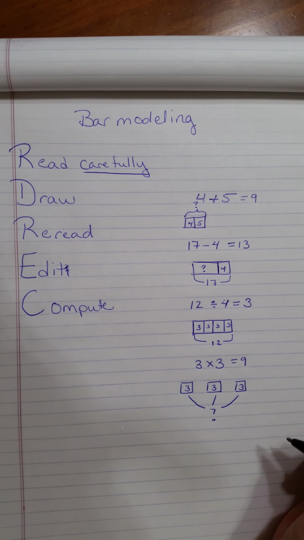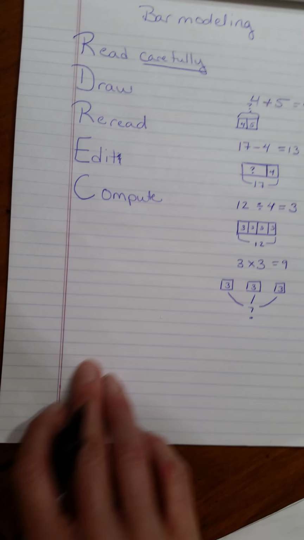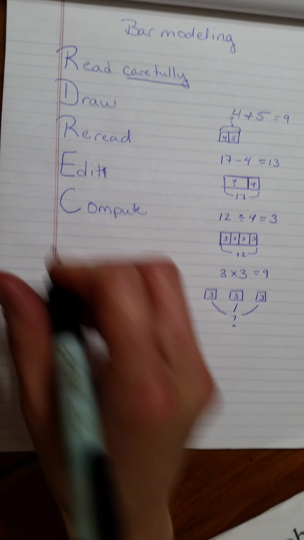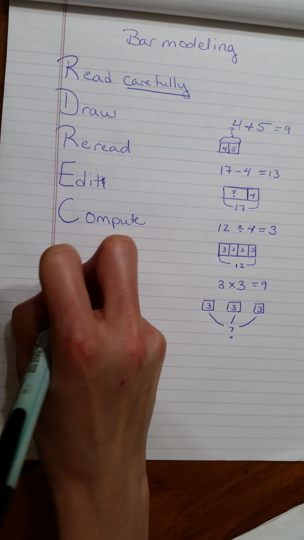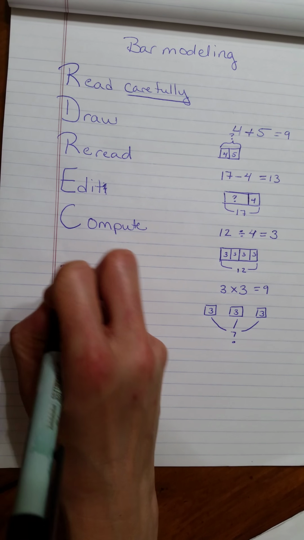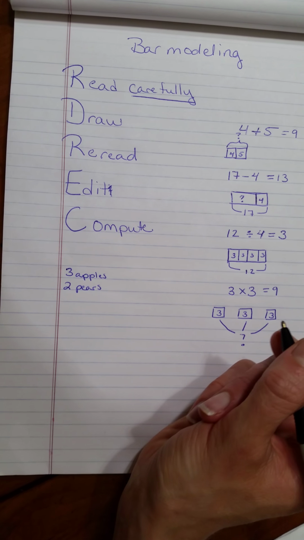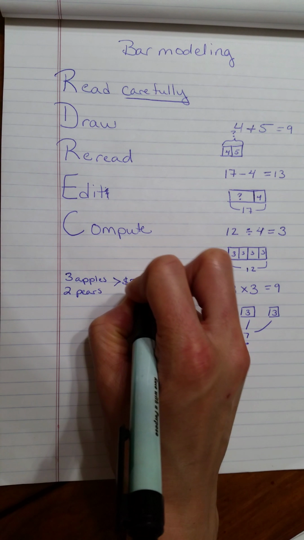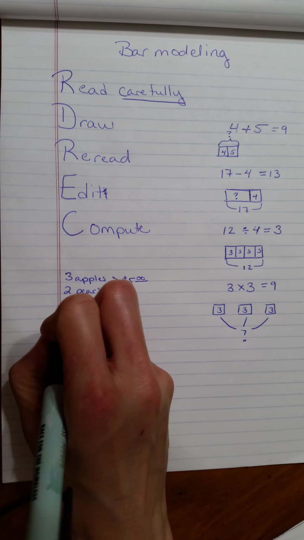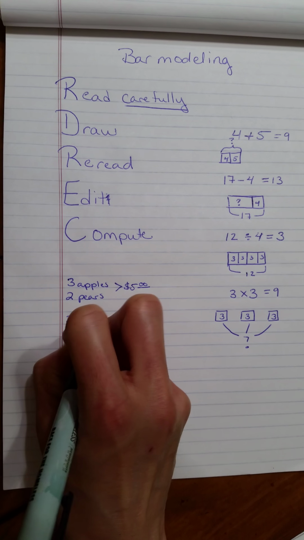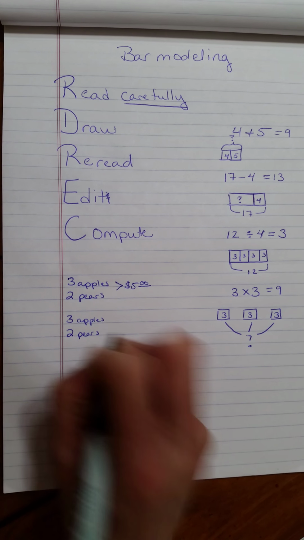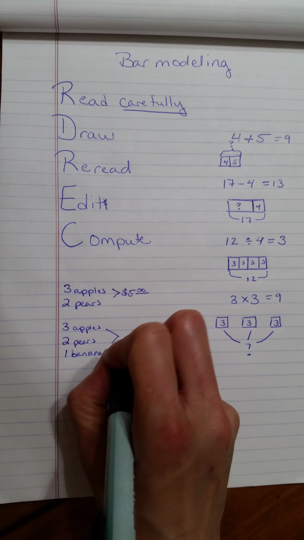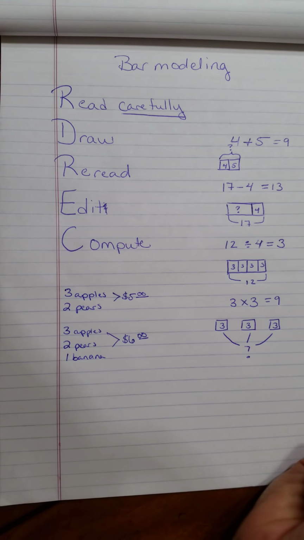to do it successfully. So let's say we're given something a little trickier, like three apples and 2 pears costs $5 at the store. 3 apples, 2 pears, and 1 banana costs $6 at the store.